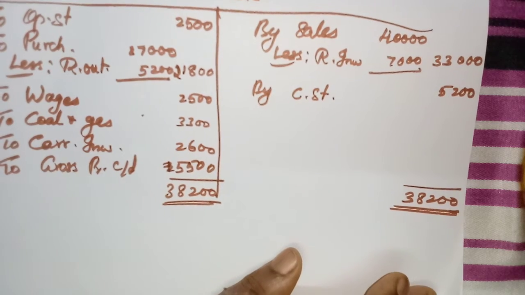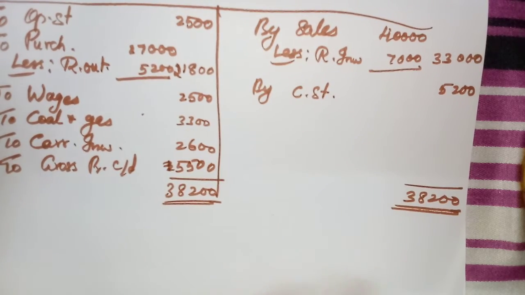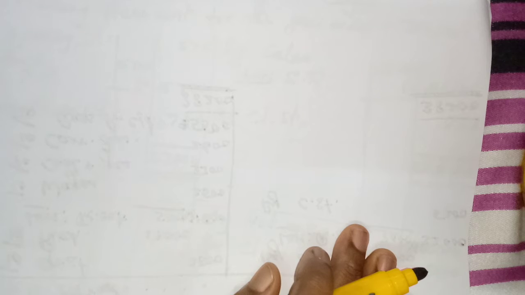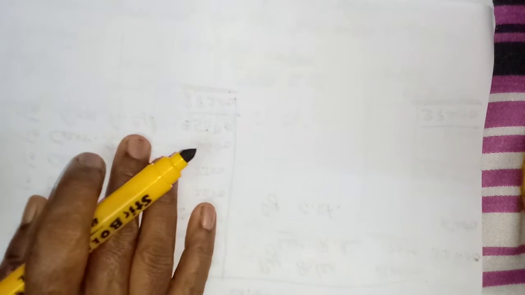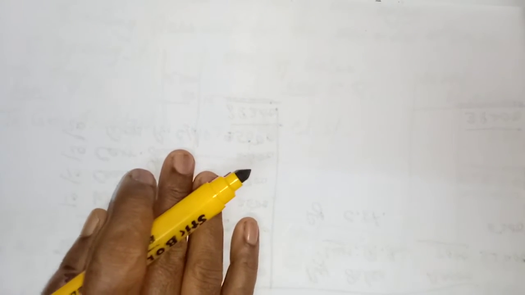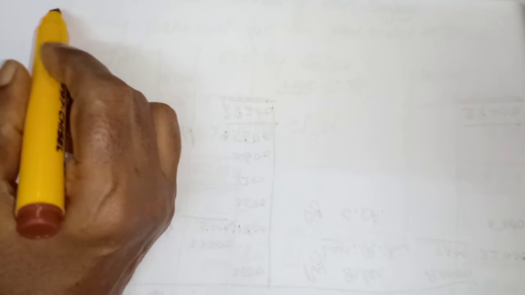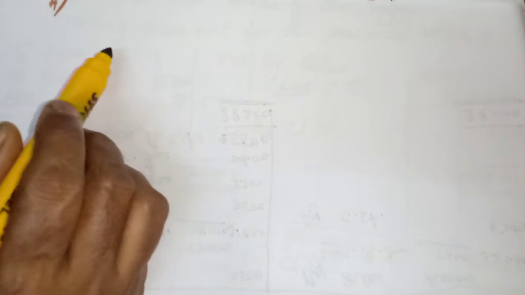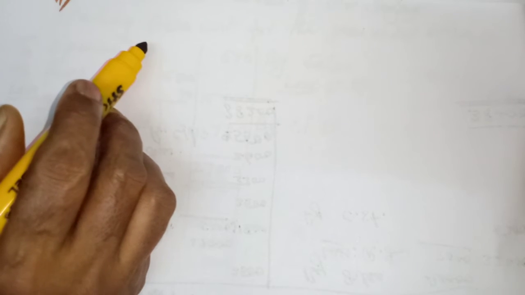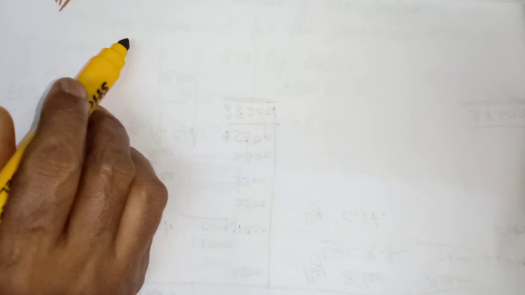Then the fourth exercise. Next exercise, number 4. We will read that the first item you see is adjusted purchases given.